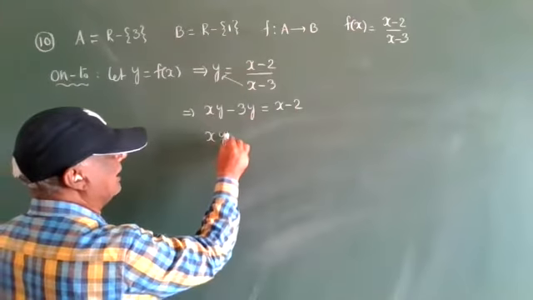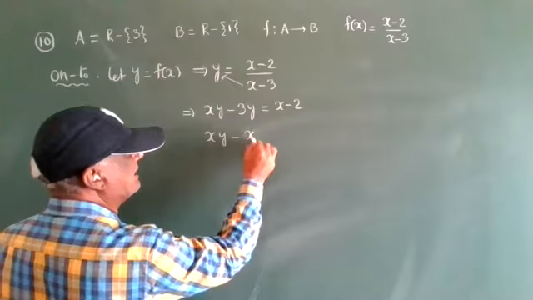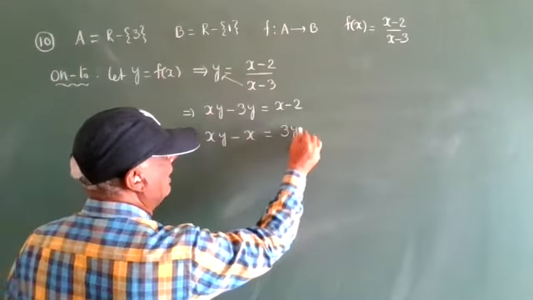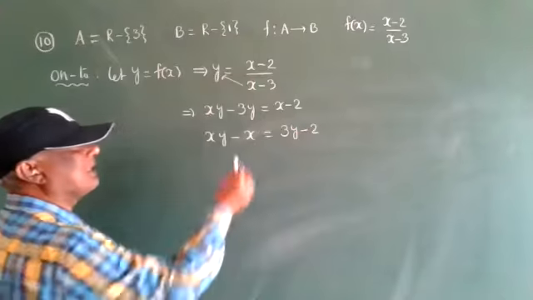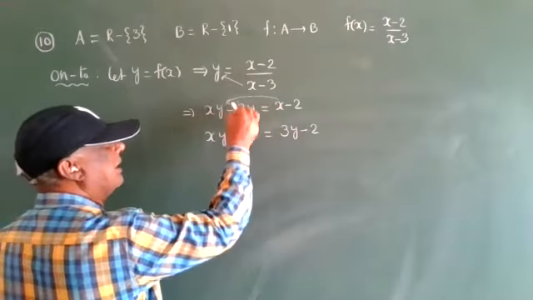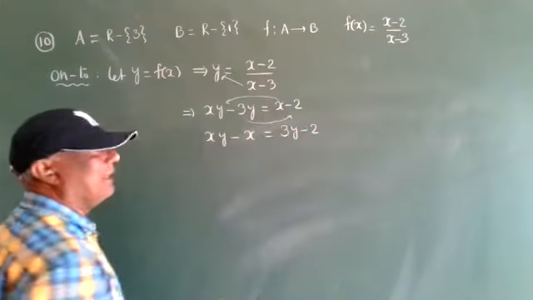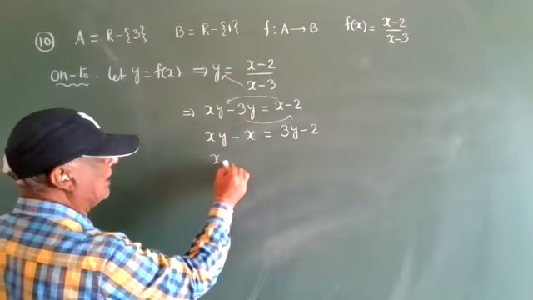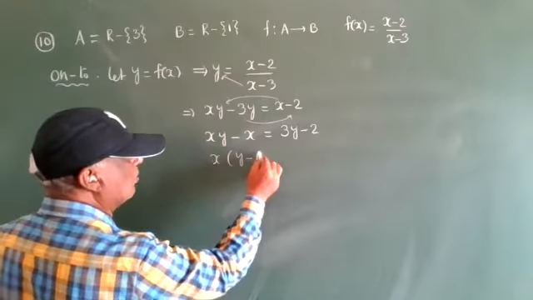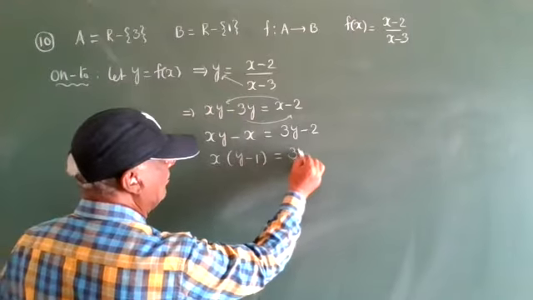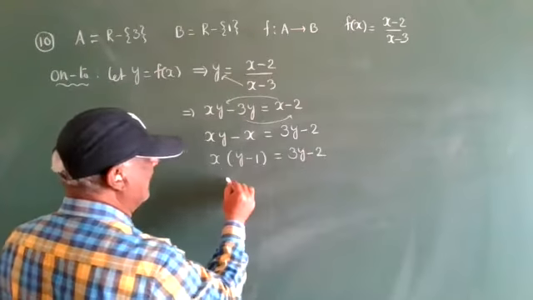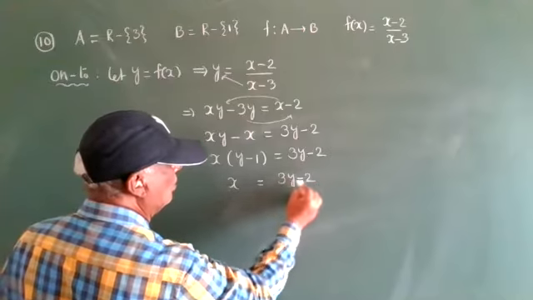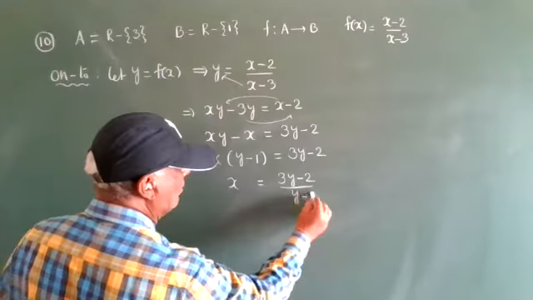Xy minus x is equal to 3y minus 2. Okay? So now take x common. X into y minus 1 is equal to 3y minus 2. X is equal to 3y minus 2 by y minus 1.